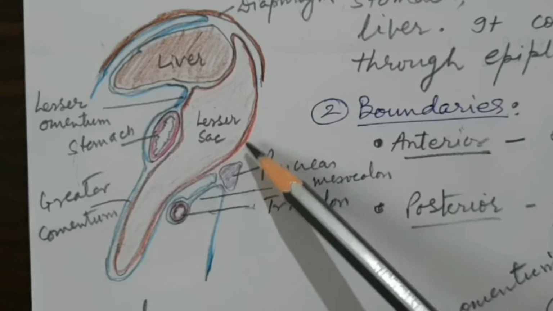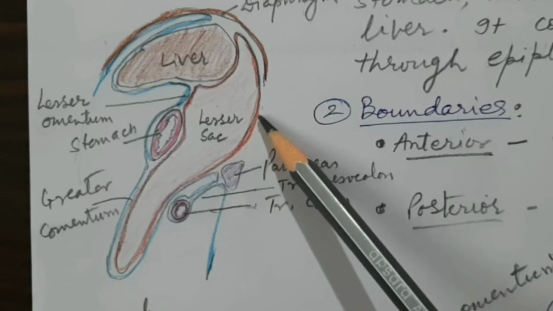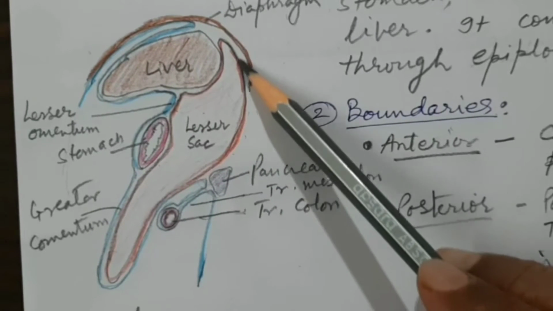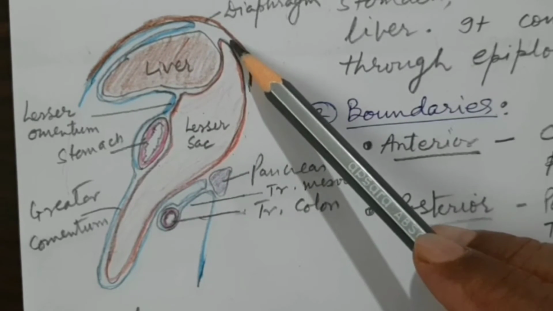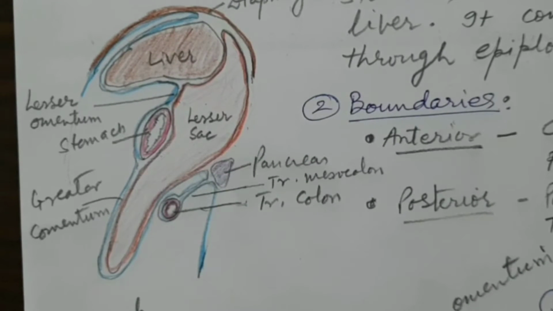So kidney, left suprarenal, then splenic vessels, and ultimately here is the diaphragm. So right from here up to here, it is the posterior boundary.